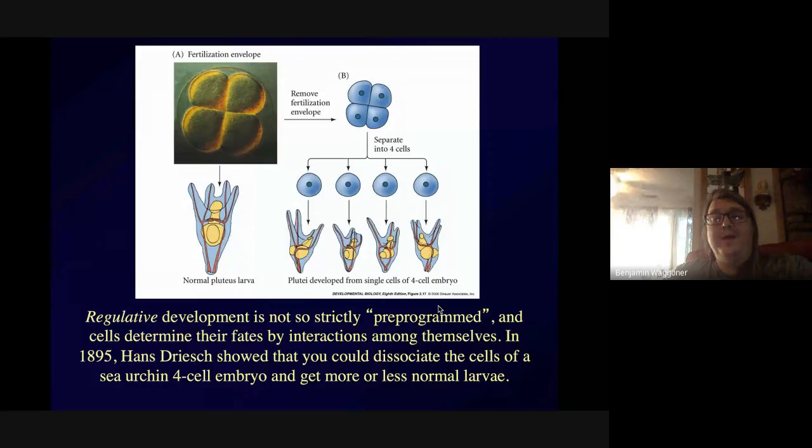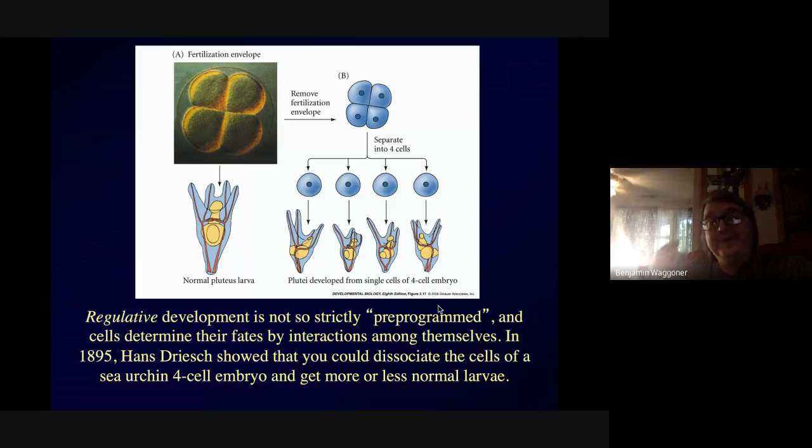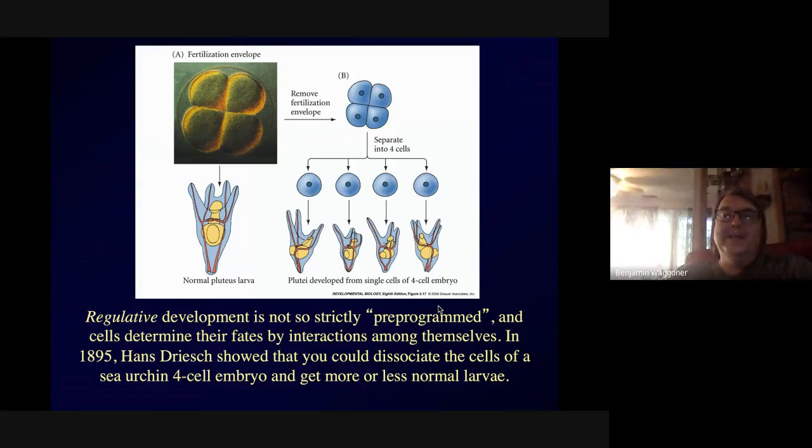I already talked about human development, but sea urchins, for example, are also more regulative. In 1895, Hans Driesch was able to take 4-cell sea urchin embryos and separate them into 4 cells. A bit technically tricky, but you can do it.